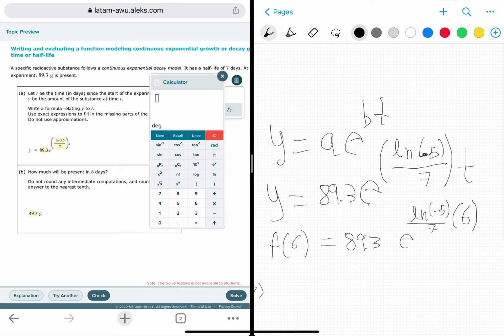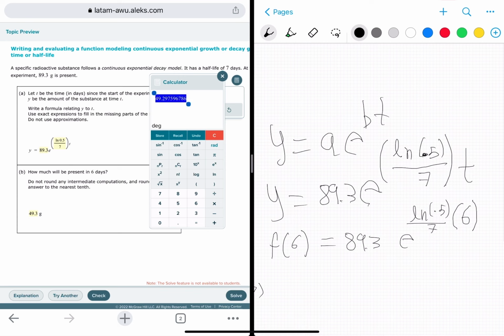That is 89.3 times e to the natural logarithm of 0.5, this whole number, over 7, this times 6, like this.